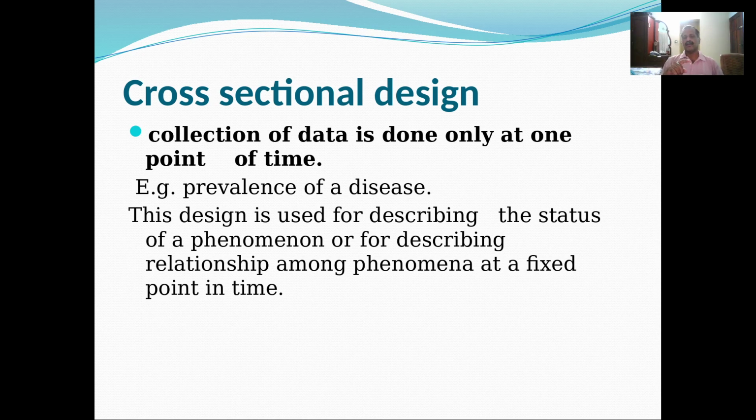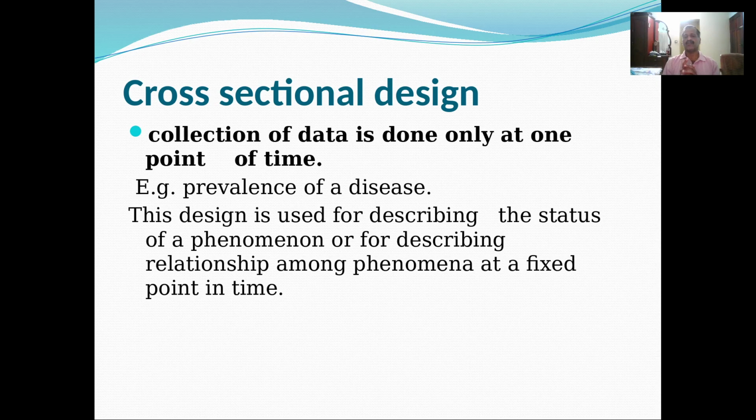In epidemiology classes of community medicine, we have studied about the prevalence of a disease and the incidence of a disease. What is prevalence of a disease? The total number of cases at one point of time is the prevalence of a disease.